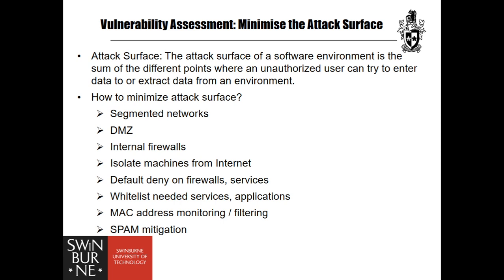There are several things. We can use segmented networks, DMZ, internal firewall, isolate machines from the internet, default deny on firewall for services, whitelist needed services or applications, MAC address monitoring or filtering. We also need to do spam mitigation.